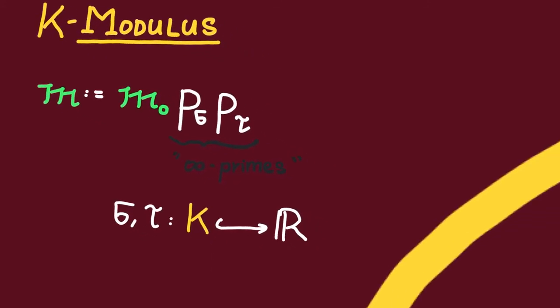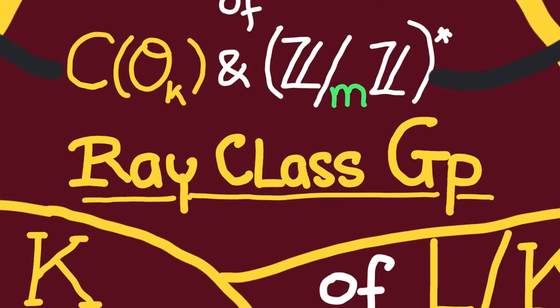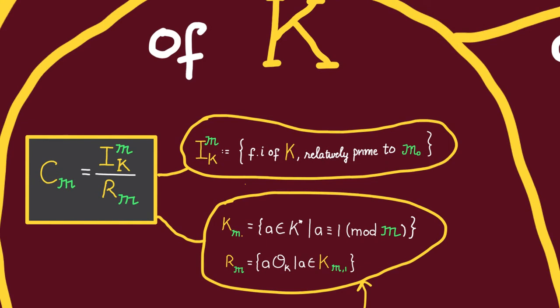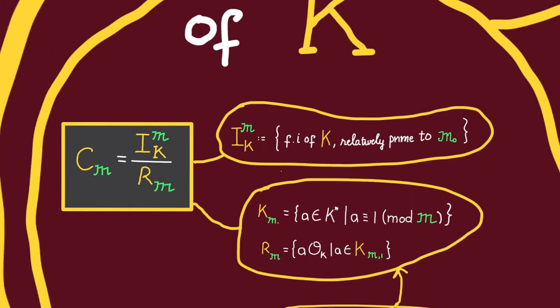Now, given a K-modulus, we can associate to it a ray class group defined as follows. Remember, in the case of class field theory over Q, we relate the Galois group of L over Q with the ideal class group, with a generalized ideal class group, right? So the ray class group here is a generalization of that notion.